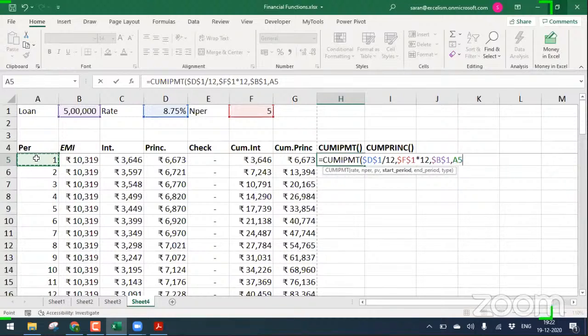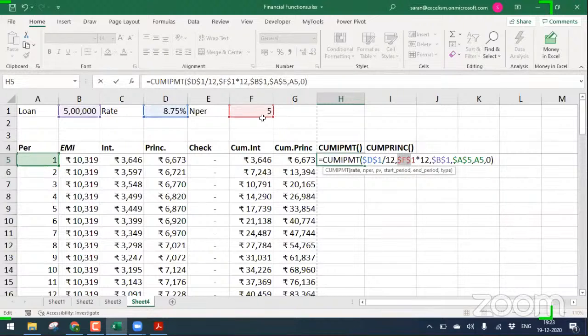This. I want my starting period to be the same because I want to make it cumulative. So let me make it absolute. This, comma. What is the end period? For the time being the same, comma. Is it at the end of the period? Yes, close bracket. Friends, if you observe, rate I have to freeze because this should not change.